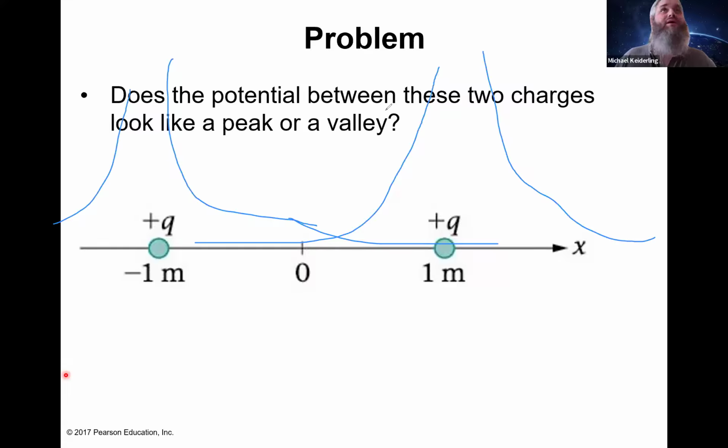But their sum in the middle is going to be the sum of these. So you have peaks at each charge, but the sum, I'll put it in red, is going to be close to this.